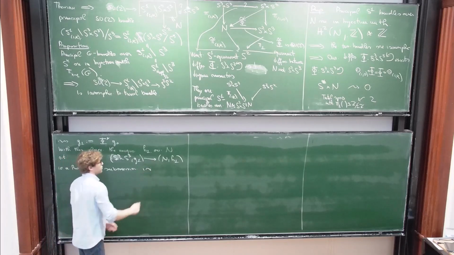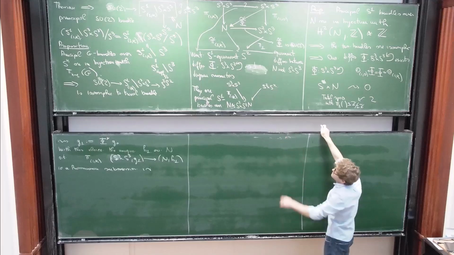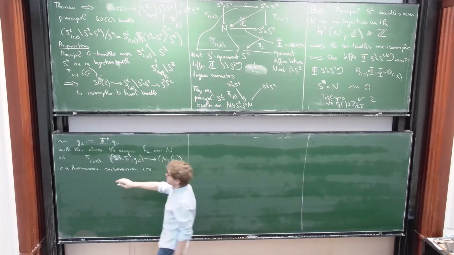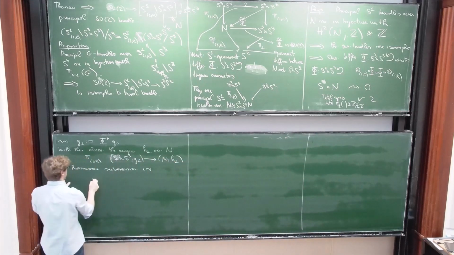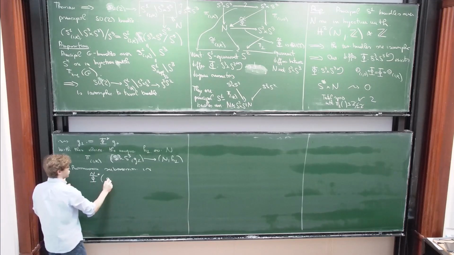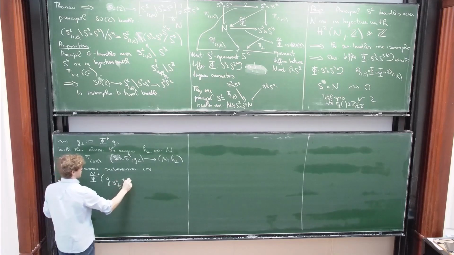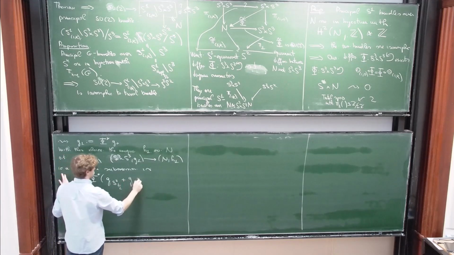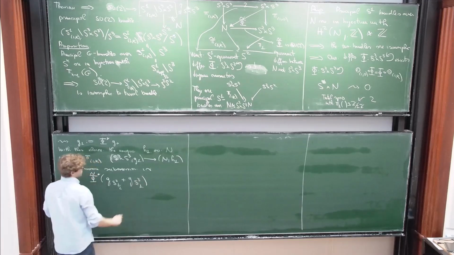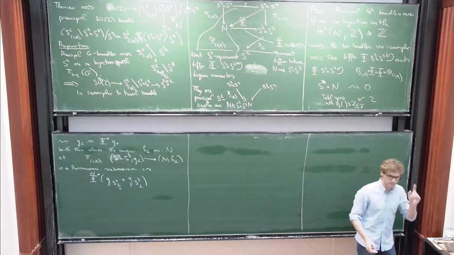Looking at the diagram above, you can easily check that the unique such metric is the pullback by phi of G_S2 of radius 1/2 plus G_S3 of radius 1. So say that G0 is a product of two round metrics with radius 1.